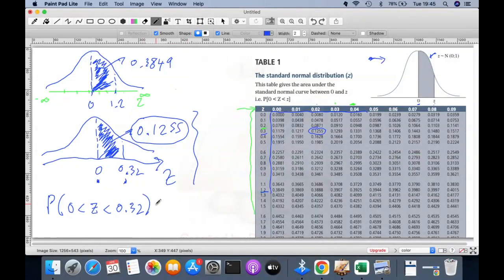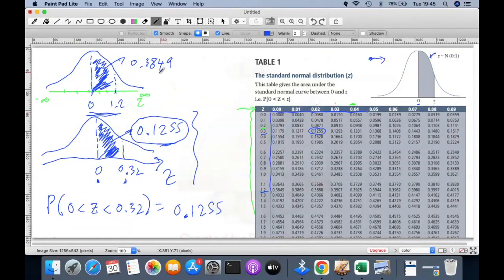So that probability is what we found from the table, 0.1255, which is why you'll never find a value inside this table greater than 1, because they're all probabilities. As in the top example, we looked at the area from 0 to 1.2.